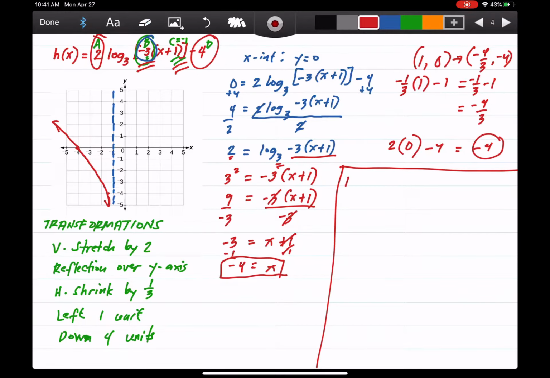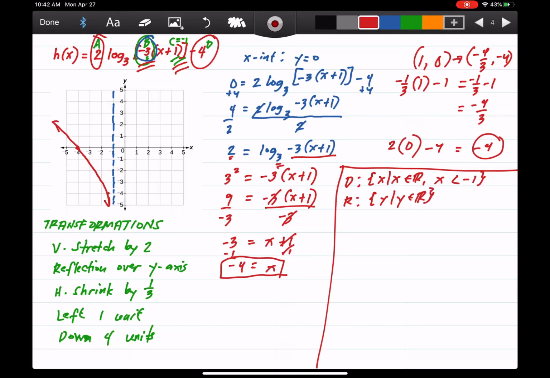The domain here will be, as you can see, on the left of negative 1. So your x will be the set of all x such that x is an element of real numbers where x is less than negative 1. Okay, and for the range, well, that's still all real numbers, right?